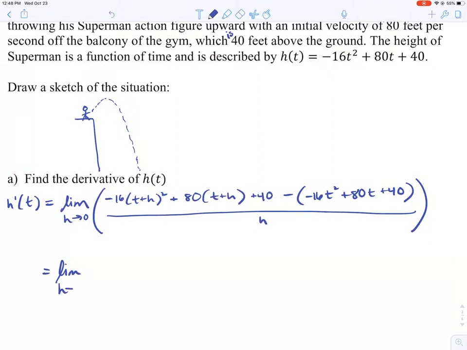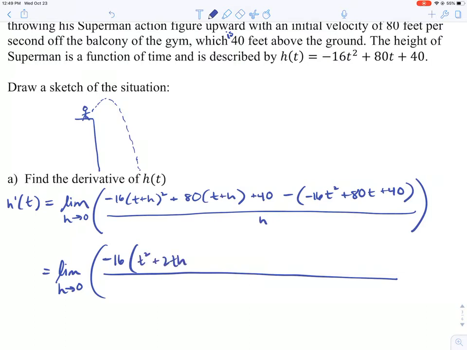All right, we need to use sledgehammer here to multiply everything out in the numerator. So t plus h times t plus h is going to be t squared plus 2t times h plus h squared.